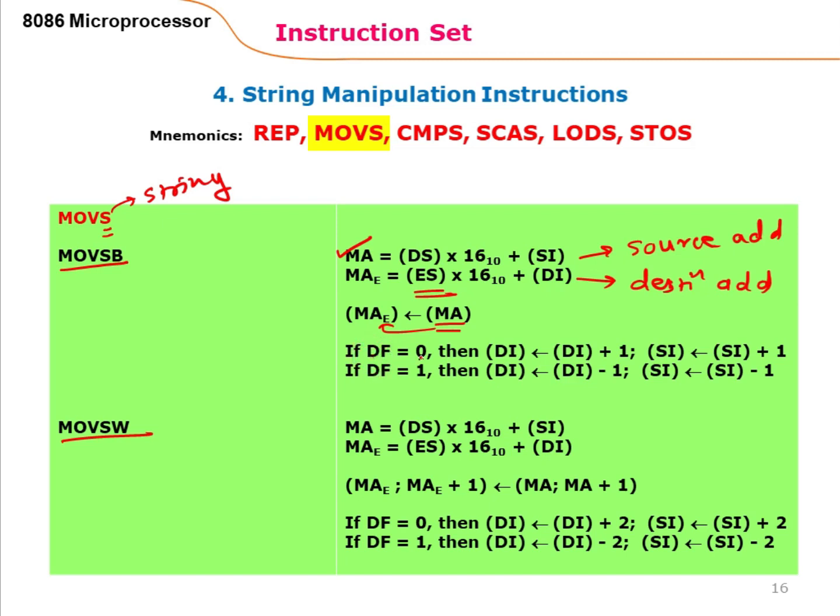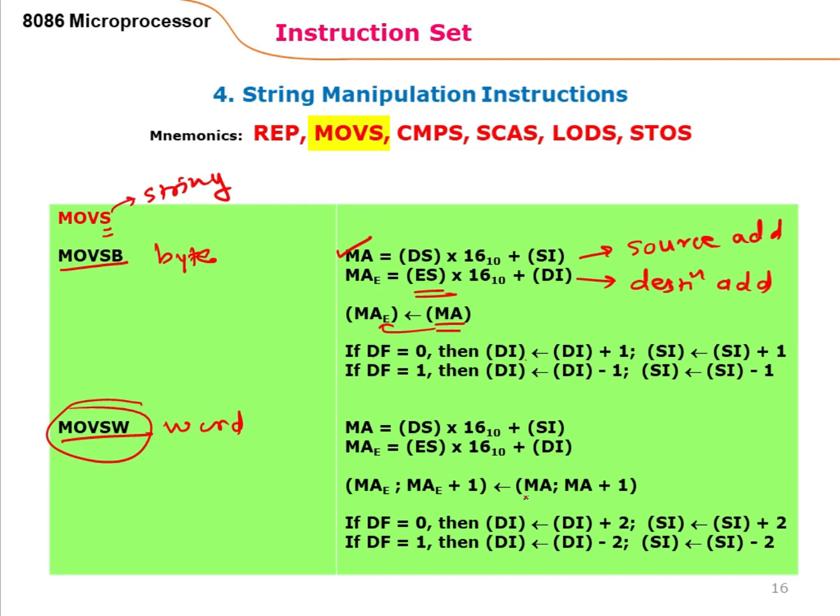If the direction flag is 0, then the destination index and source index are incremented by 1, and if the DF flag is 1, then the destination and source index are decremented by 1. The same operation occurs for MOVSW, which is used for string word, and MOVSB is used for string byte. So when we use this instruction, the addresses are calculated like this.